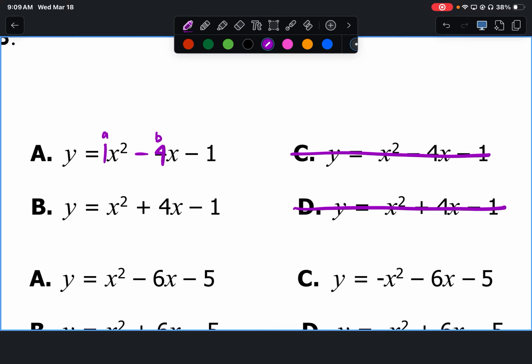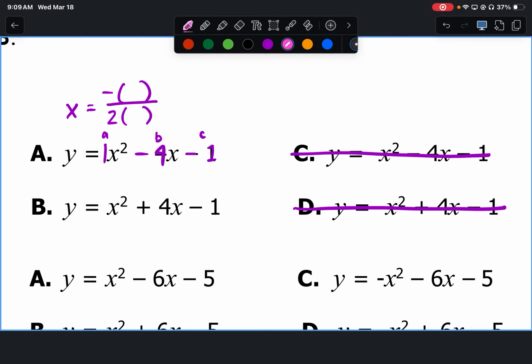What is our C term? -1. So we're going to use that and find our axis of symmetry. So we're going to do x is equal to -b over 2a. What do I need to plug into the numerator? A, B, or C? B.